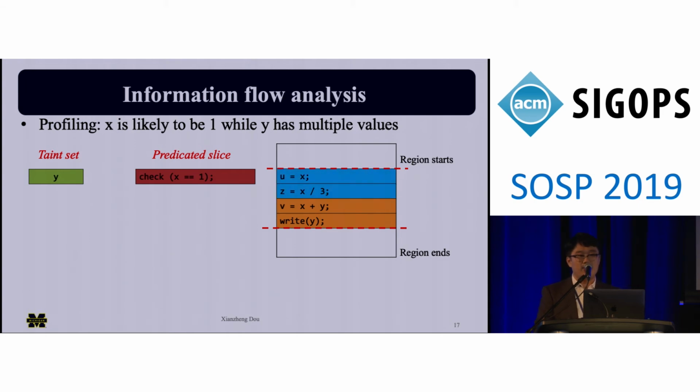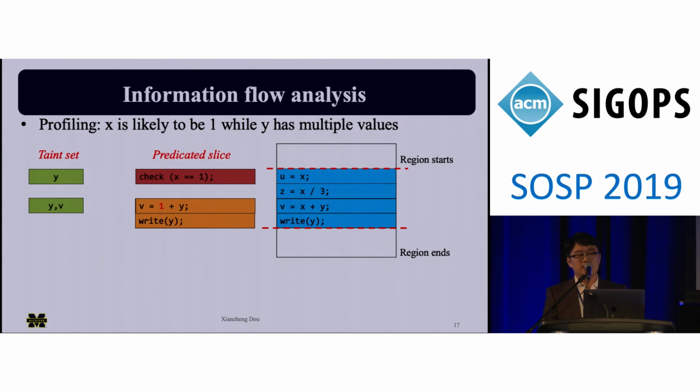Instructions affected by Y, however, should go into the slice because their values are affected by Y. In this step, we also replace predicated values like X with some constant. So now we have a tainted Y.